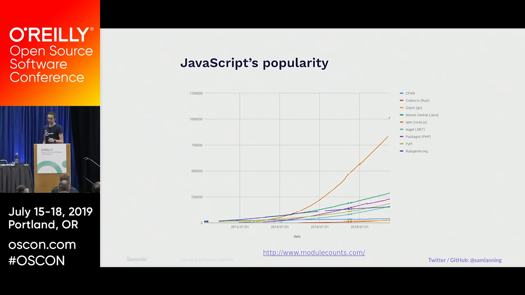So if we look at the number of packages available in different package managers over the years, there's one line in particular that stands out, and that is the number of packages available on NPM, JavaScript's package registry. There are now over 1 million packages publicly available for you to install and use in your applications, which is almost 4 times as much as the next largest repository of packages, which is Maven.